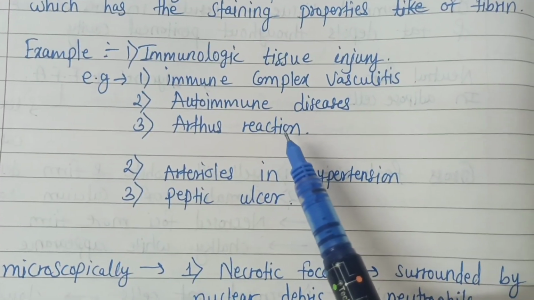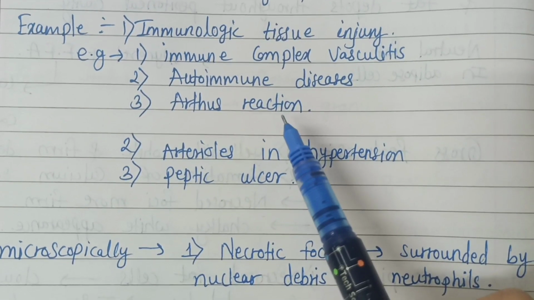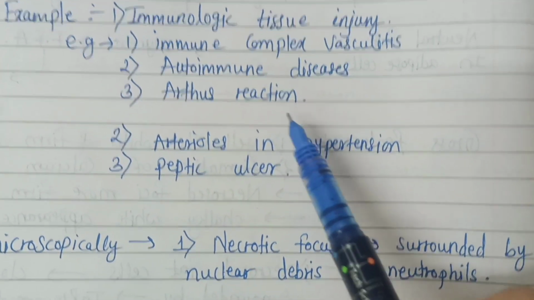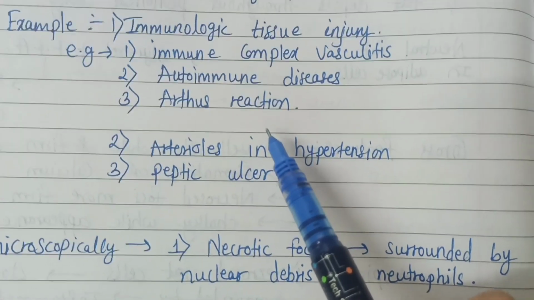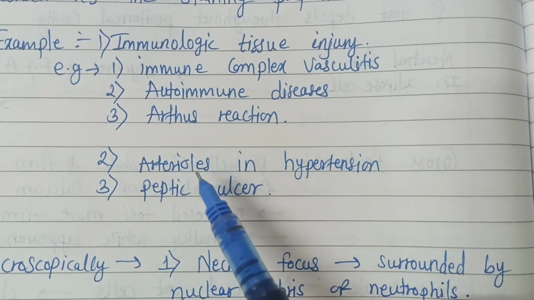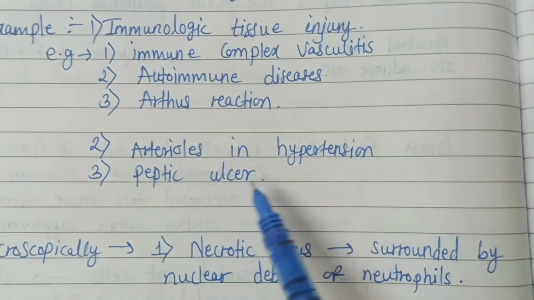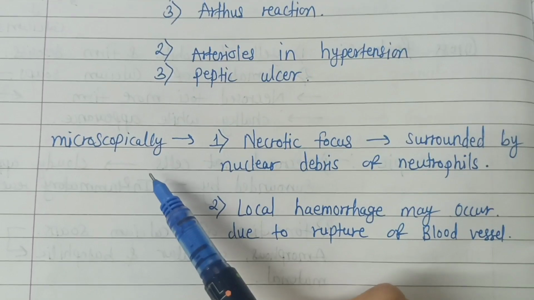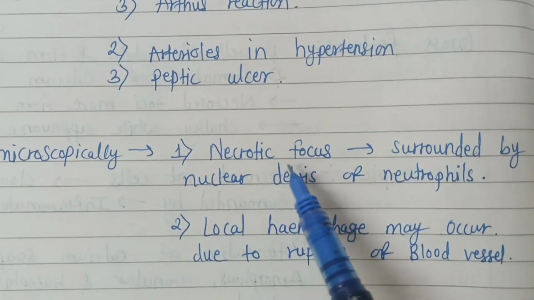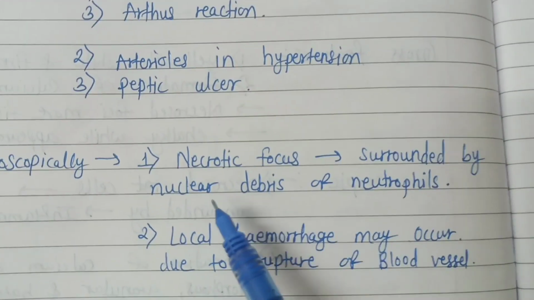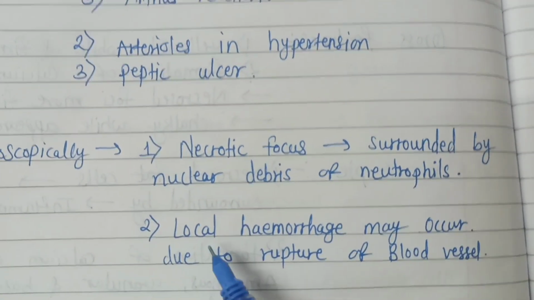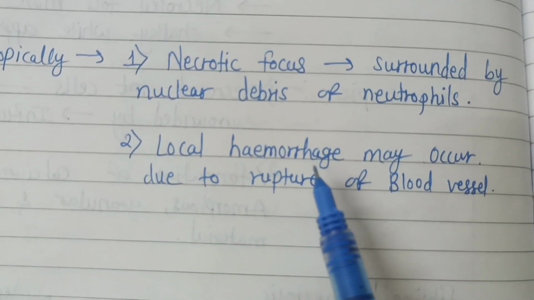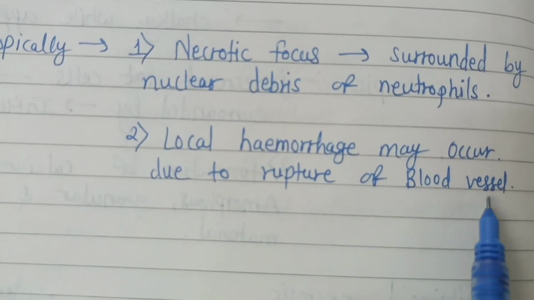What is this Arthus reaction? It is an acute localized inflammatory response that occurs after vaccination. Also arterioles in hypertension and peptic ulcer. Microscopically, the necrotic focus is surrounded by nuclear debris of neutrophils. And second, local hemorrhage may occur due to rupture of blood vessels.